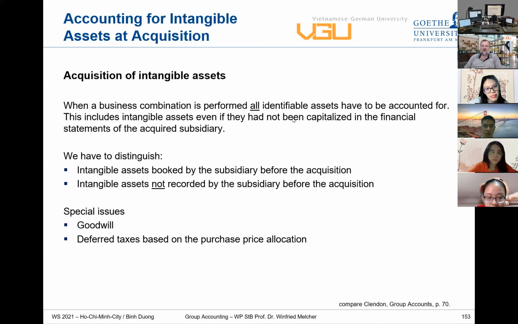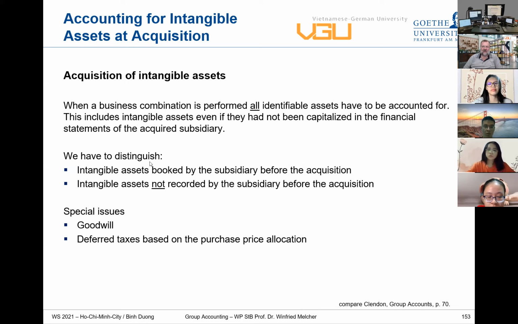That is one of the problems in a purchase price allocation, because we have to allocate the purchase price to all assets. There is a big stress on all assets. But if we don't identify patents that are sitting nowhere on a shelf, then we have a problem. And this includes intangibles.